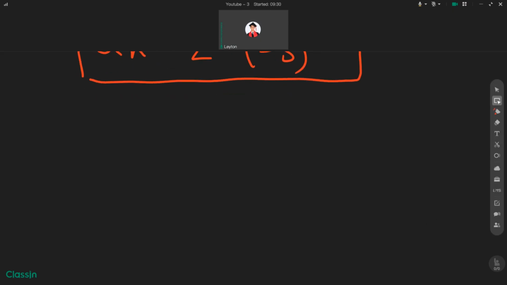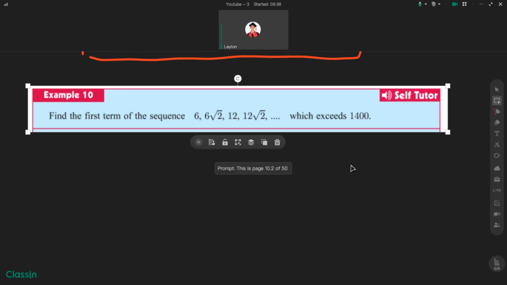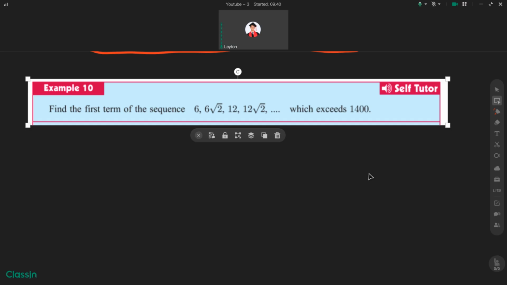Okay, we will continue with one last example. Find the first term of the sequence 6, 6 root 2, and so on, which exceeds 1,400. Okay, so U of 1 is just 6.